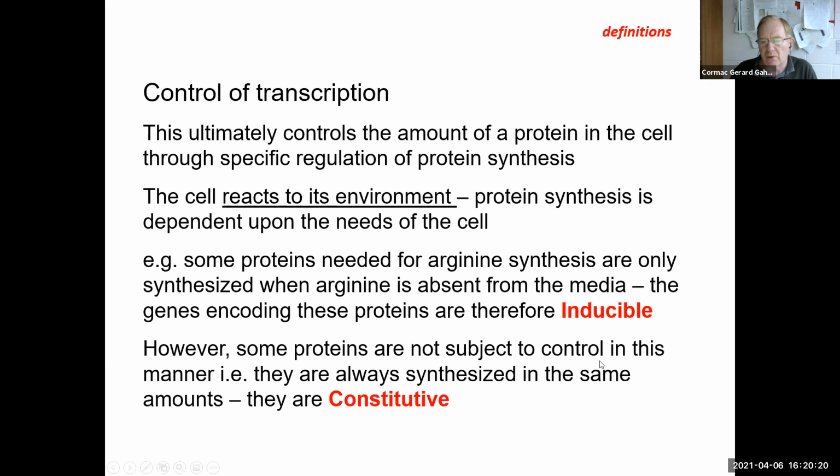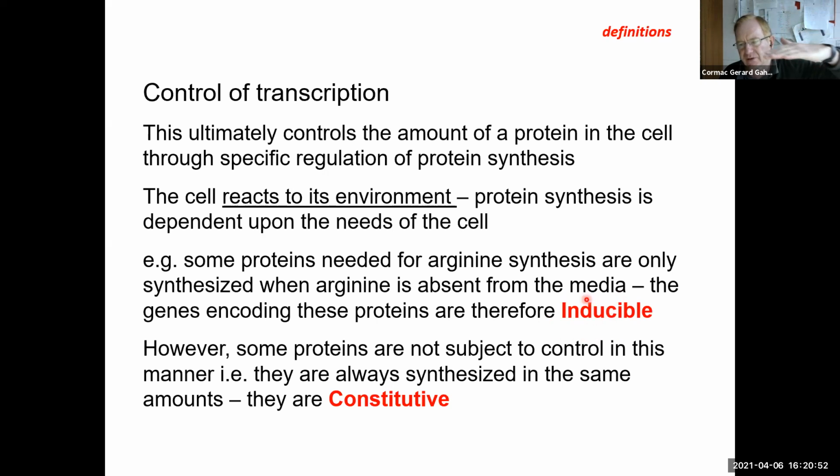And so, just by way of definition, we can define the proteins that are switched on and off in the cell as inducible proteins. These are called inducible. And actually the vast majority of proteins in a cell are inducible. They go up and down depending on the environment of the cell. And this is really what we're going to talk about today: how the cell regulates protein synthesis, really transcription and then translation.